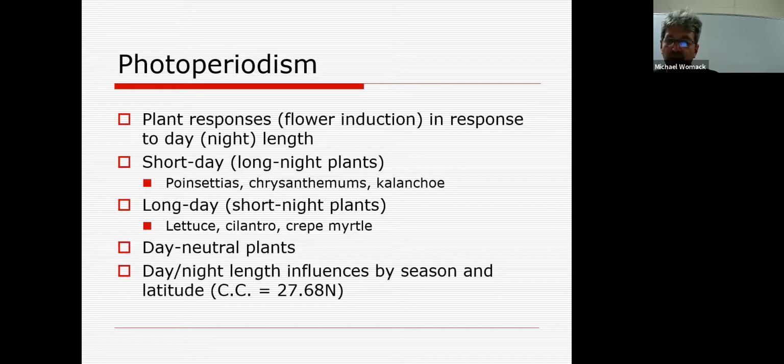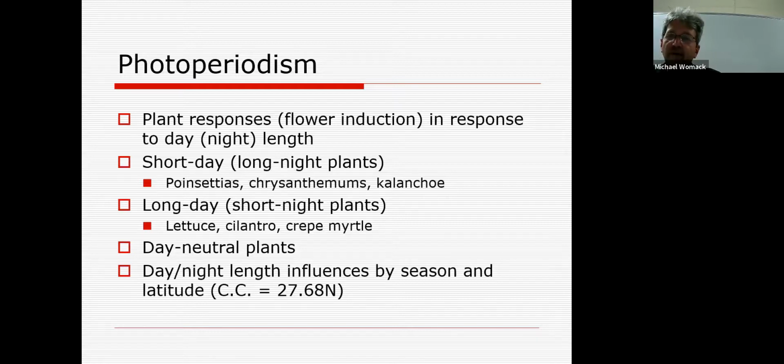Half your days are the same length, and that's your vernal or spring equinox and your fall or autumnal equinox. That's when they're 12 hours days and 12 hours nights. But then as you move further into winter, your days get shorter and your nights get longer.